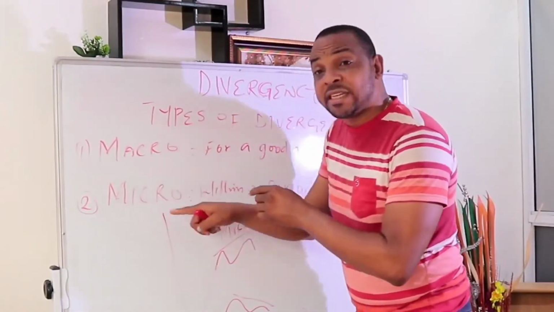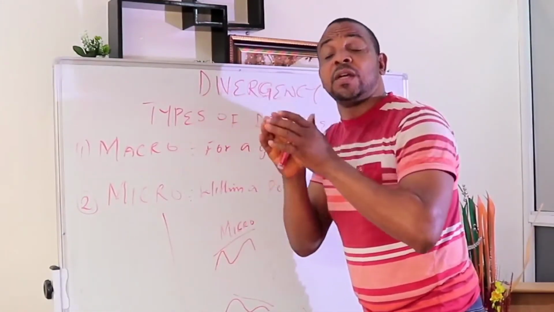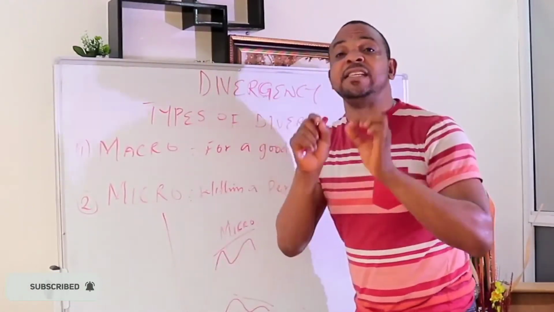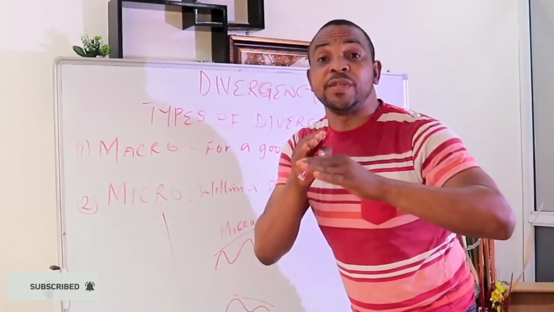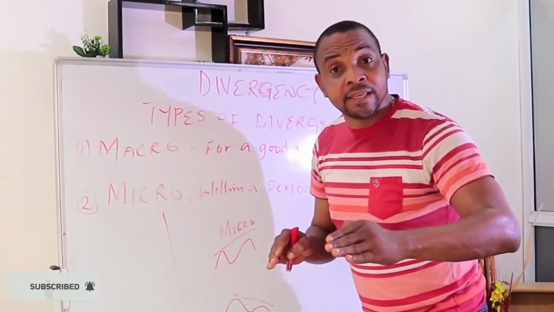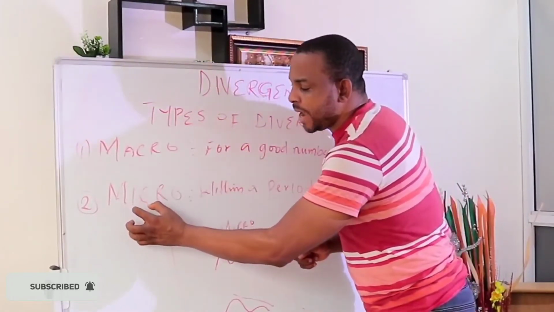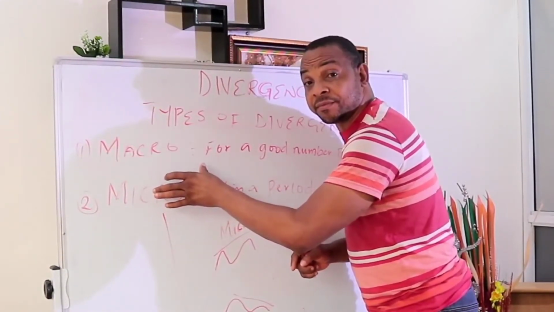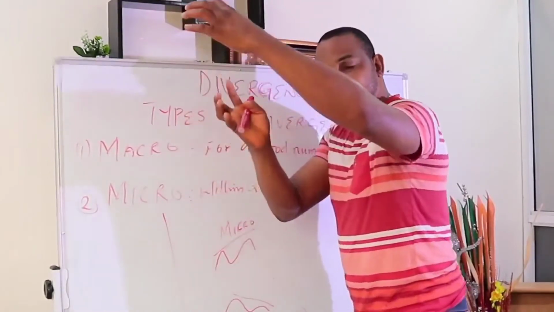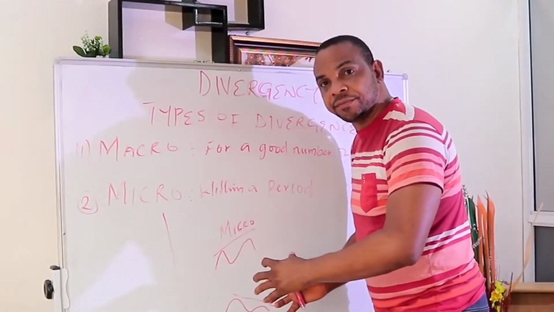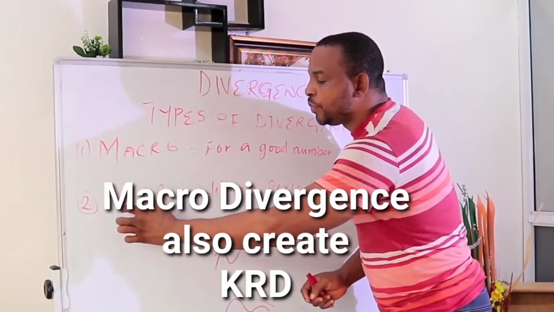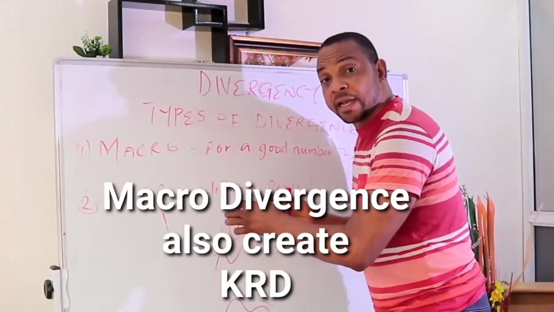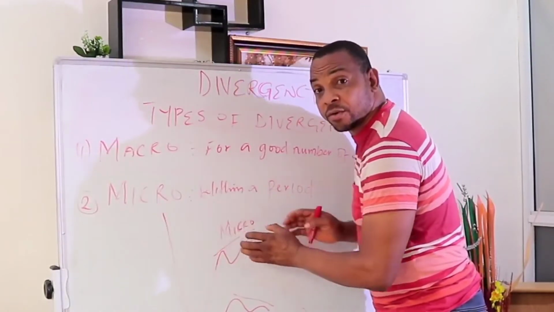Along the line, when the new direction has been created, micro divergence is the new kind of divergence you'll be seeing in the market. So there is no micro divergence without macro divergence. This macro will create a reversal, and along the line you begin to see setups during the pullback that will give you micro divergence.